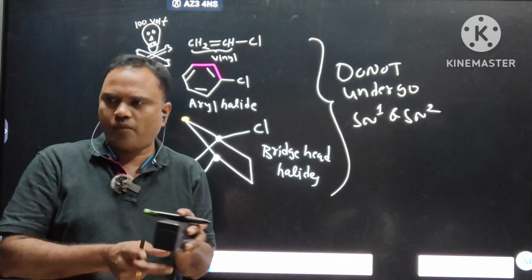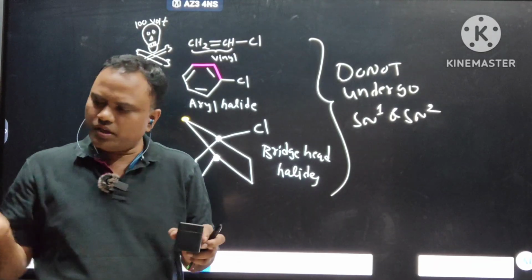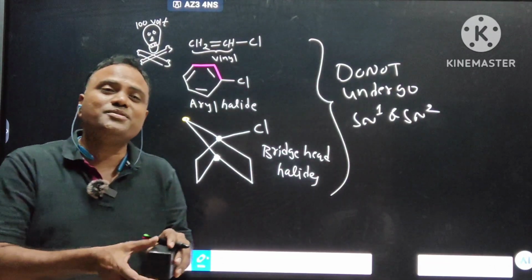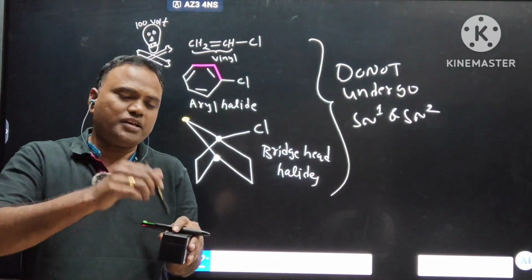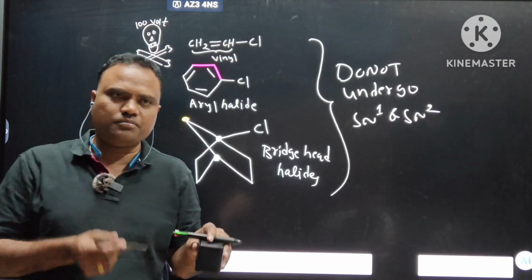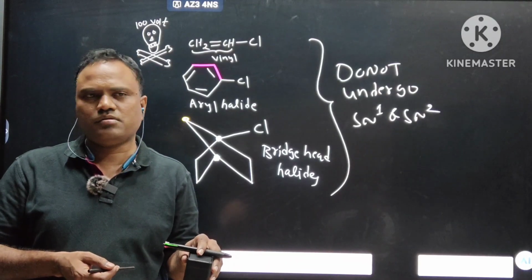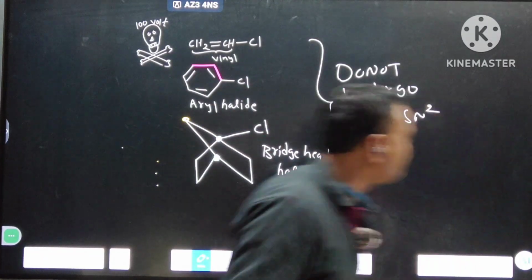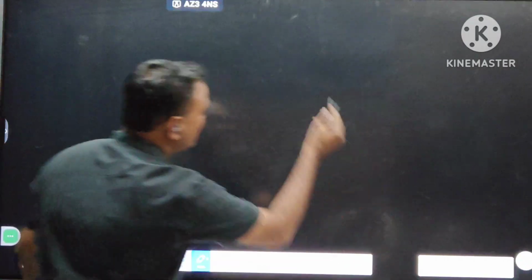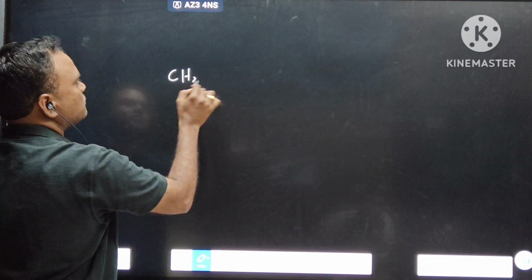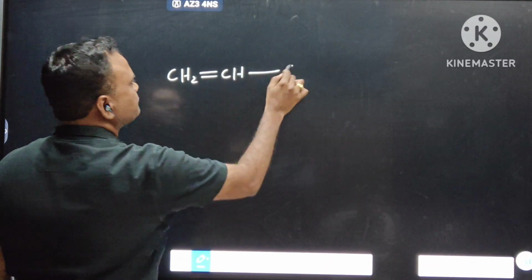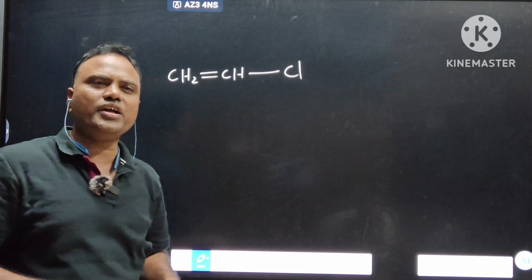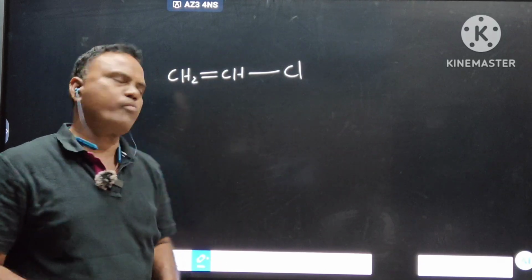If the old atom leaves, then the new atom will come into that place. If this atom does not leave and is permanently sticking here, will it come? No. Remember this part. Let us take vinyl first. If chlorine leaves, then the nucleophile will come into the place of chlorine.